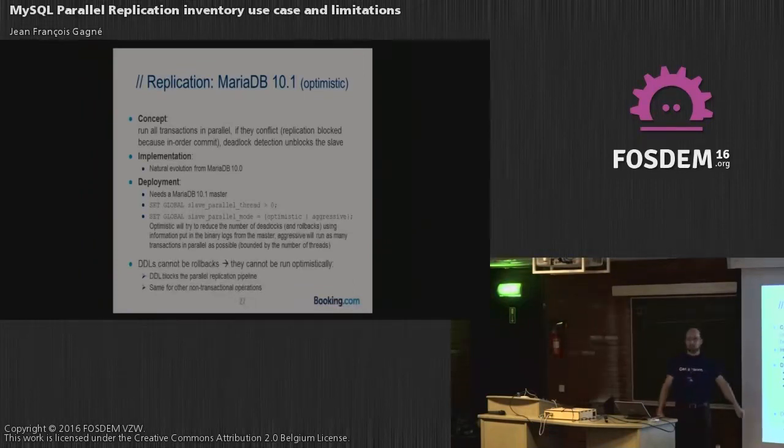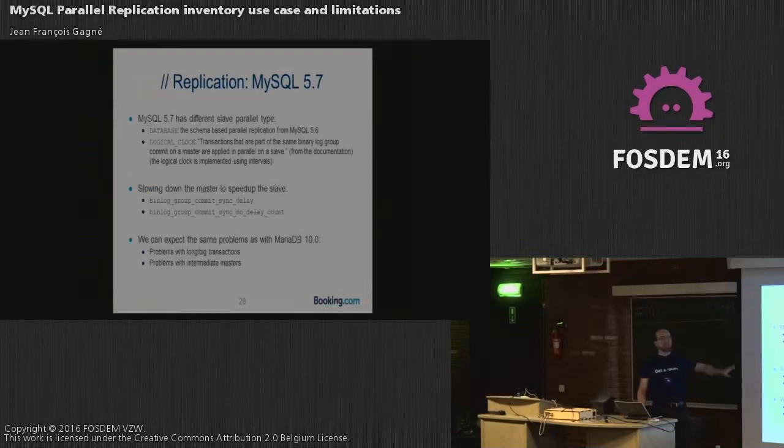DDLs we cannot roll back. Transactions in MyISAM we cannot roll back. So those things will block the replication pipeline, because if something conflicts later with those, we cannot roll back those transactions. So this is the problem with optimistic parallel replication.